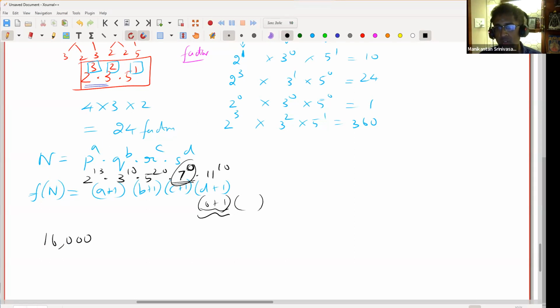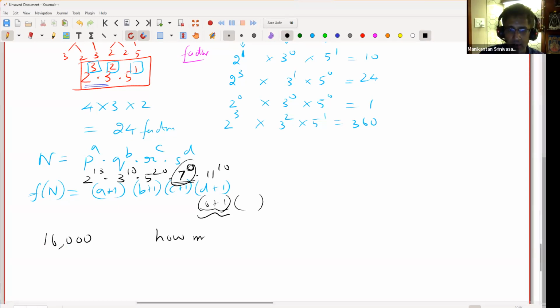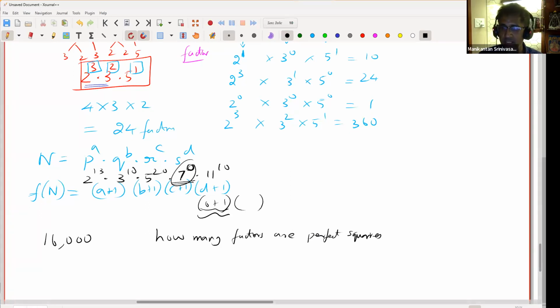Now I'm going to ask you, how many of these factors will be perfect squares? For example, 1 is a perfect square. 1,600 is a perfect square. 100 is another factor, which is a perfect square. 16 is another example. Like this, there are many, right? How many is the question? Can you guys work it out?